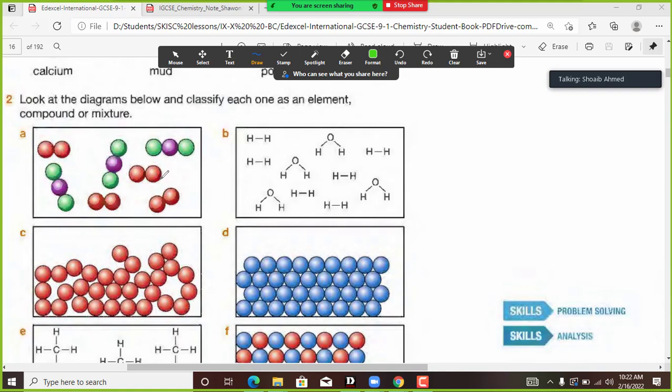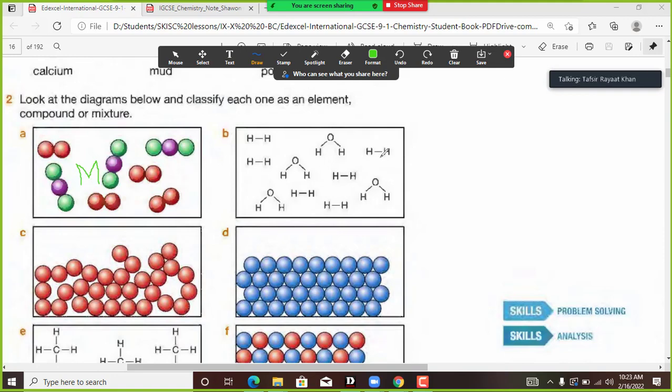Here elements and compounds are present on one platform, but they are not joined together. So A is a mixture.